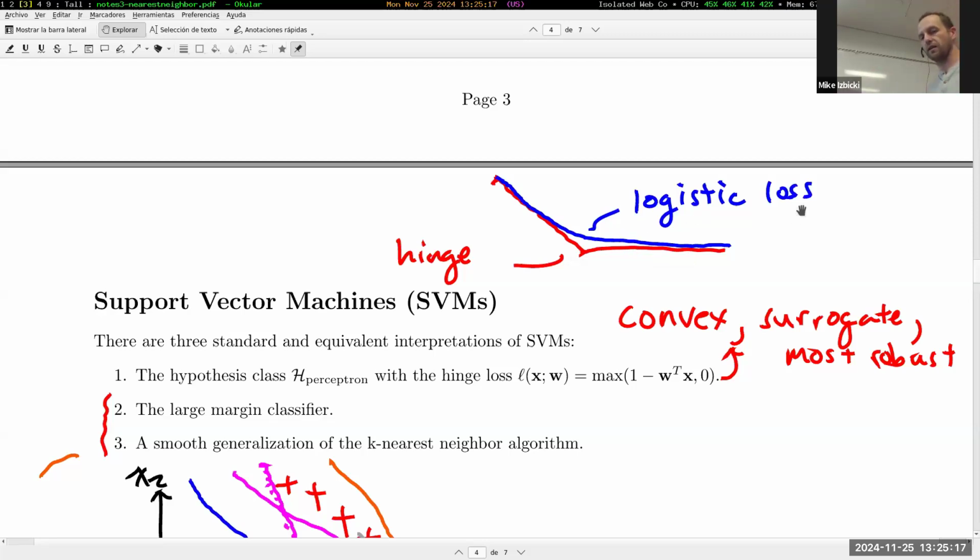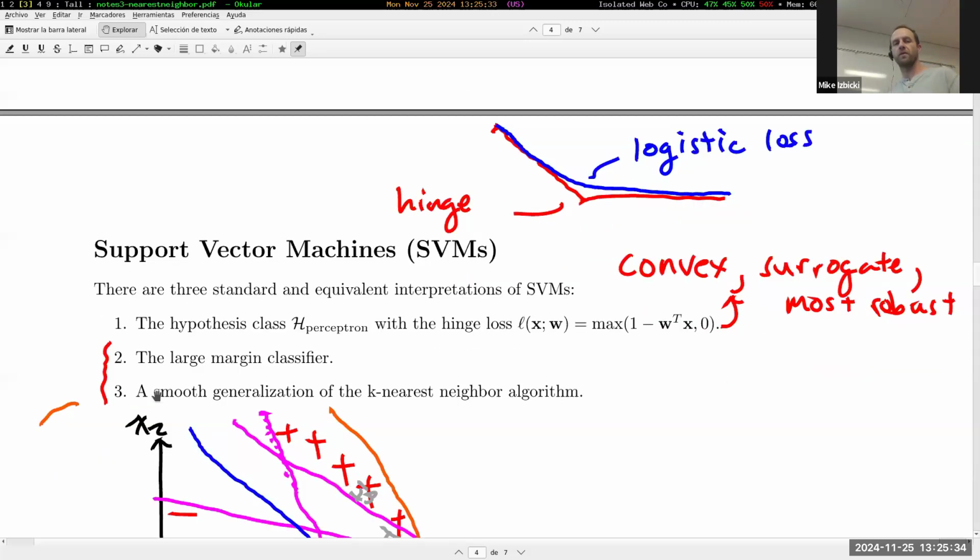So logistic regression has a probabilistic interpretation, which we didn't explicitly cover in class, but I mentioned the book has a decent discussion of that. The SVM with the hinge loss has no probabilistic interpretation. But this part 1 of the SVM is very similar to logistic regression.